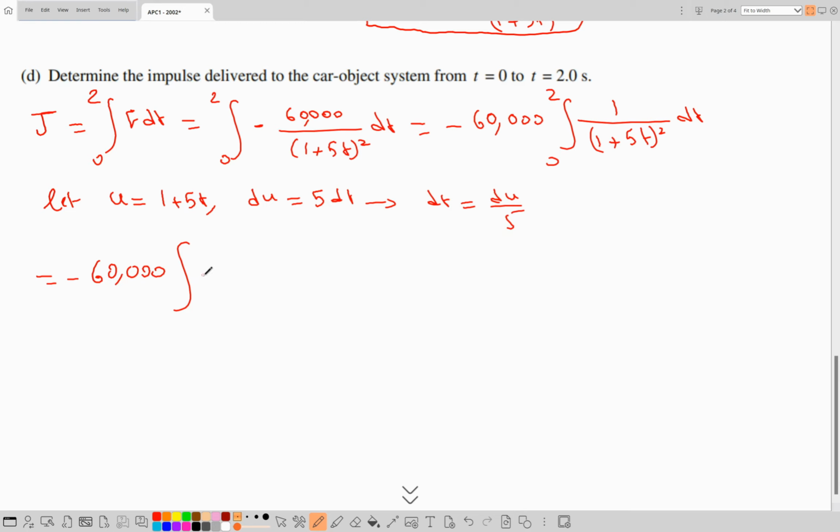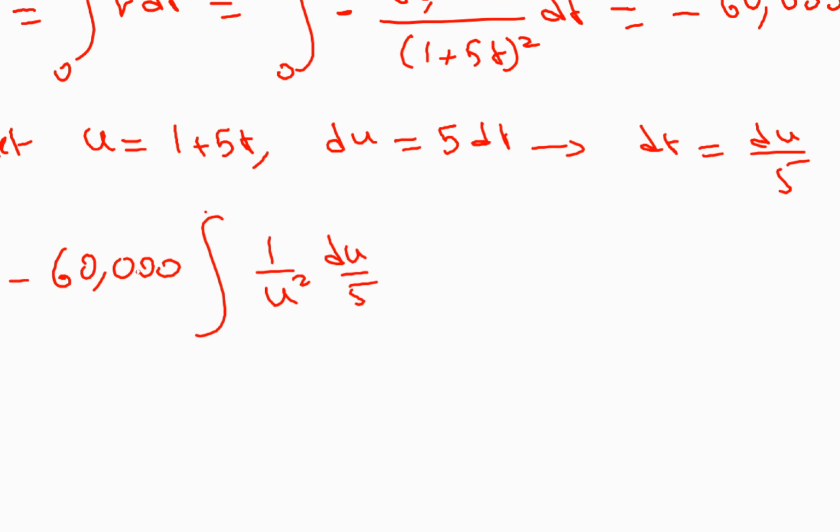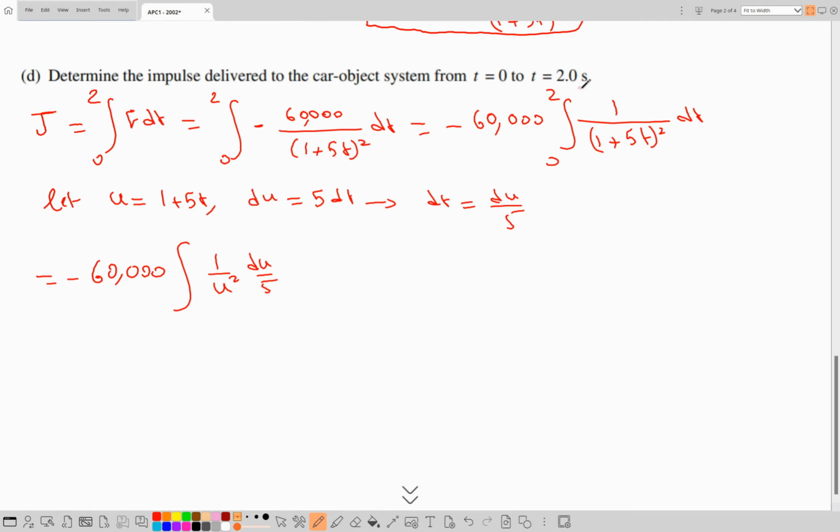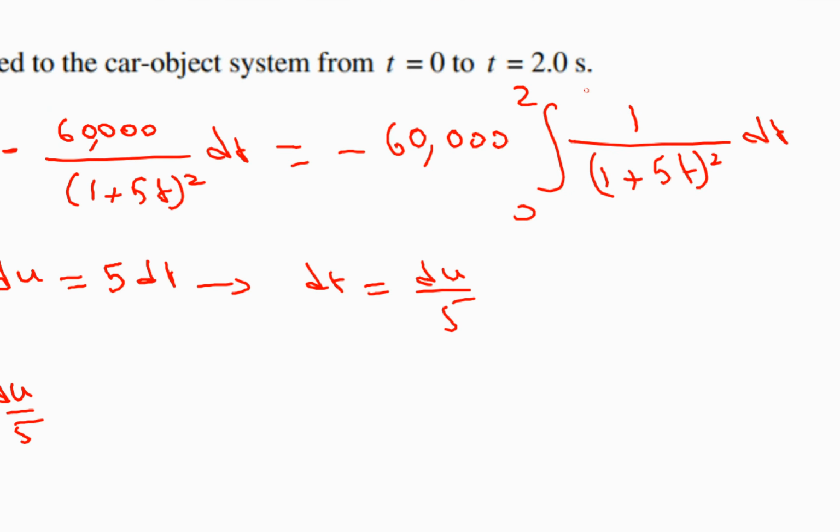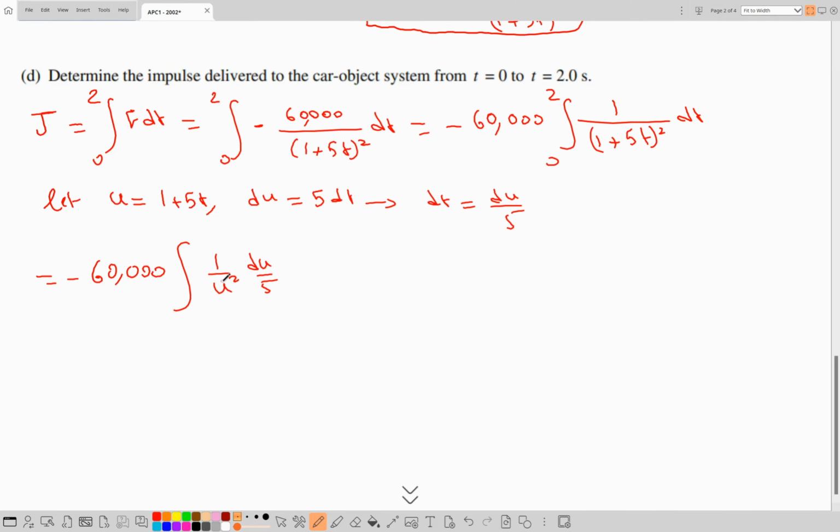Now here I need to mention something very important: we are not allowed to place any boundaries for the integral, simply because these boundaries are defined for t. When we integrate for u and we replace u by t, then we will use the boundary values of t.